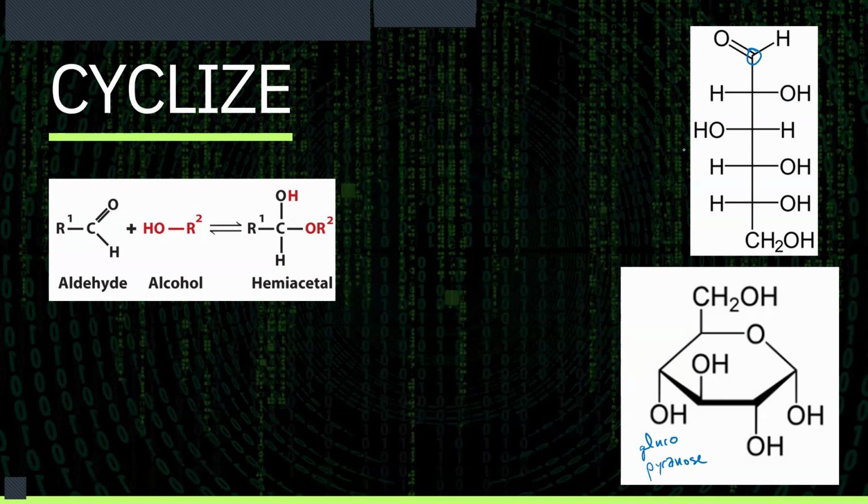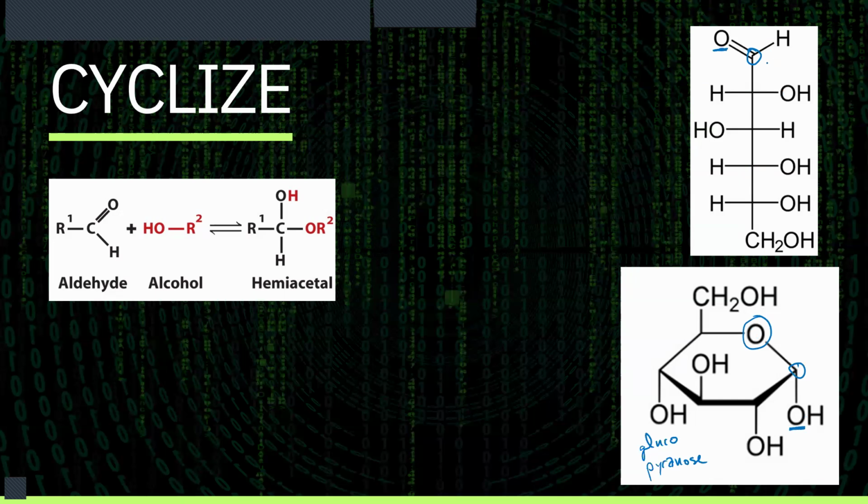Now, thinking about that, carbon number 1 is carbon number 1 right here. Let's count this off and see which group reacts. I mentioned this when we were talking about Fischer projections and Haworth projections, but I want you to remember that this oxygen that I've circled is one of the alcohols, because this oxygen that I'm underlining becomes a hydroxyl group that I've now underlined in the cyclic form.